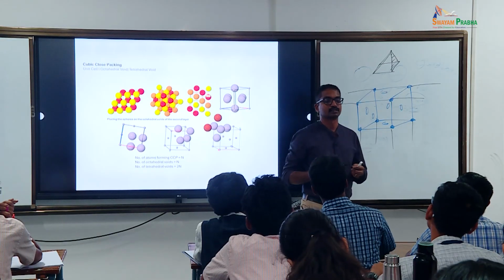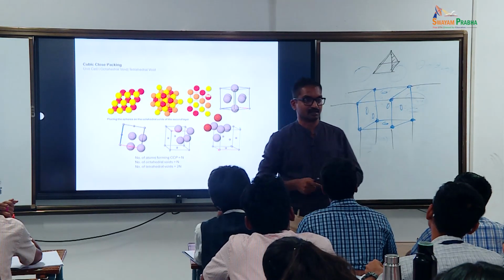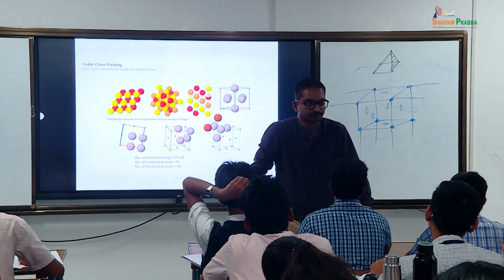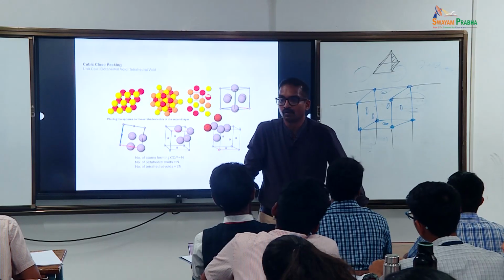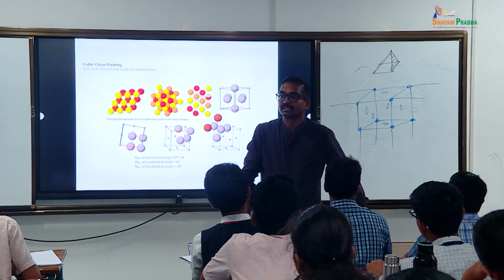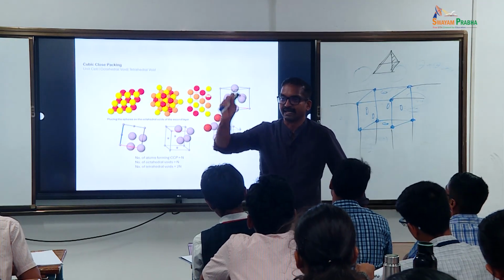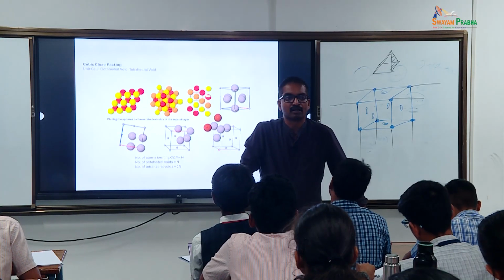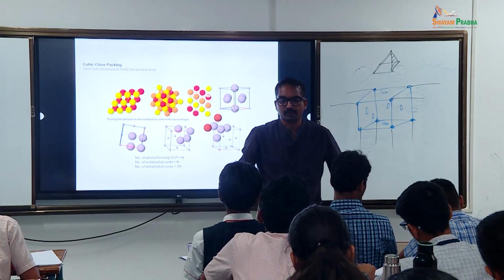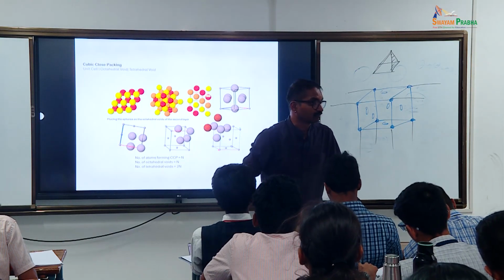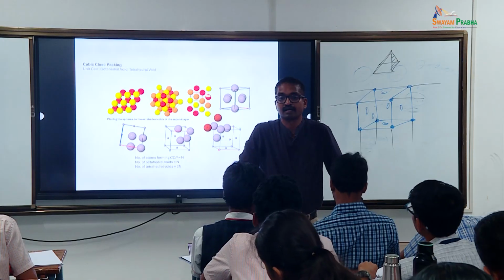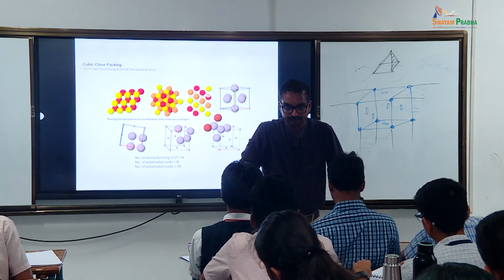Now you see where else this octahedral void is present. I can go to the edge center. This is the edge center, and borrowing 2 atoms from the nearby unit cell, you can visualize an octahedra here. Correct or not? So you have octahedra in the FCC lattice, in the body center and in the edge center.